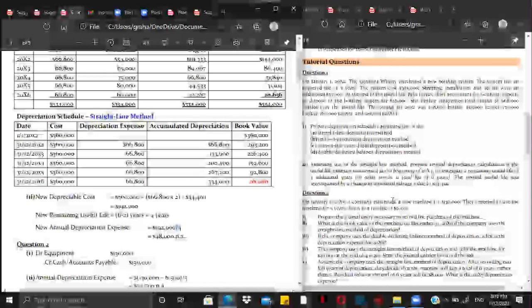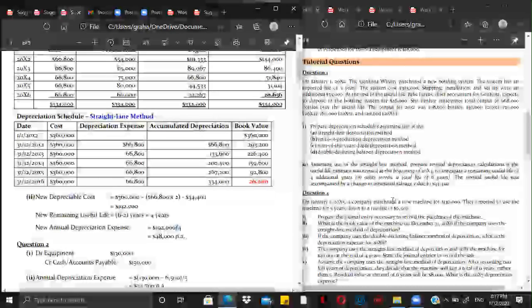So it's 5 over the 15, which is the sum of the years, multiplied by the 360 less 26,000. So that should give you a total of 111,033 rounded off, I think. Everybody get that, or you want me to repeat?